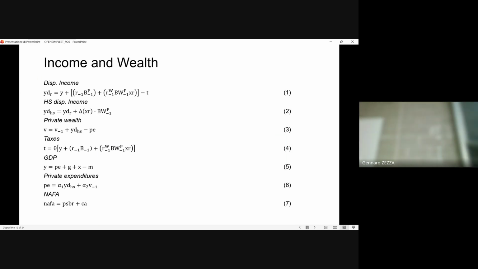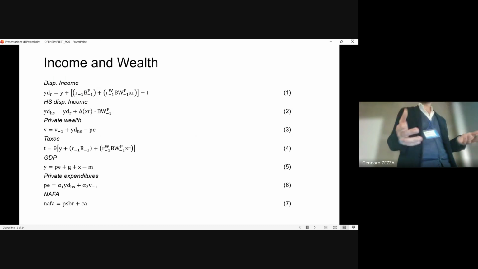Very quickly on the equations, these are the same equations that you find in Godley and Lavoie, so the changes are very minimal. We have disposable income and Haig-Simons income, which also includes the valuation effect. Here, the delta X are part of the right-hand side. Then the private wealth, which accumulates given savings, expenditure, taxes, and GDP as the sum of the main components.